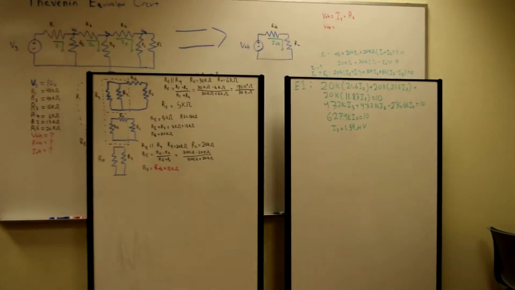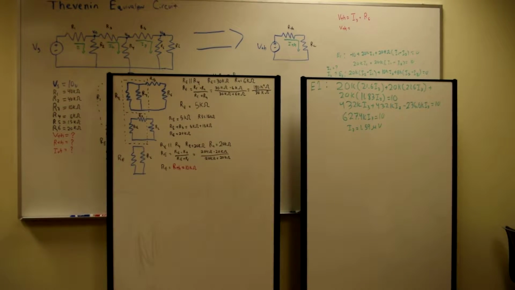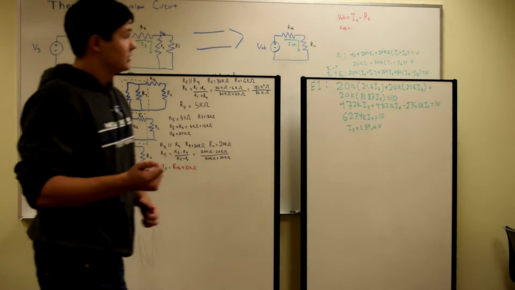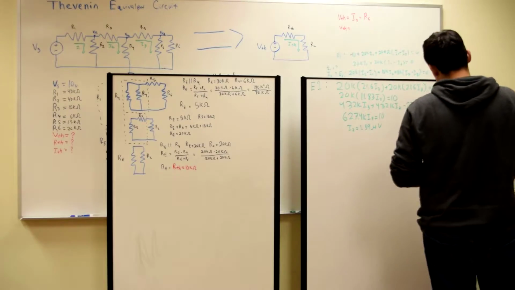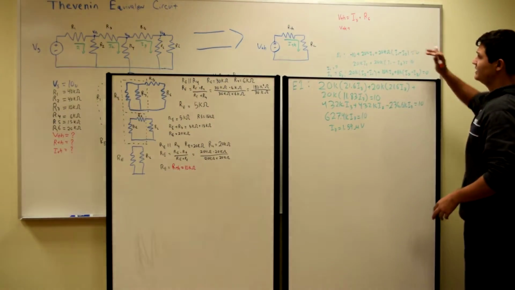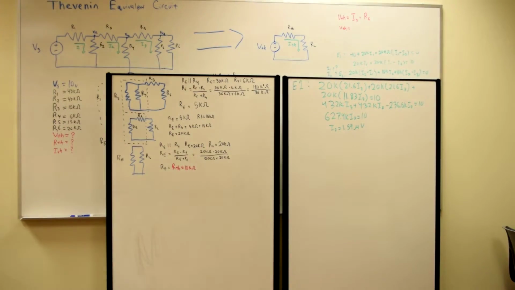Okay. So now we have everything we need. We have I3's current, and we have R6's value. Why is that important? And we have RTH. Well, we're going to solve for VTH. So let me make sure you guys can see what I'm about to do here.